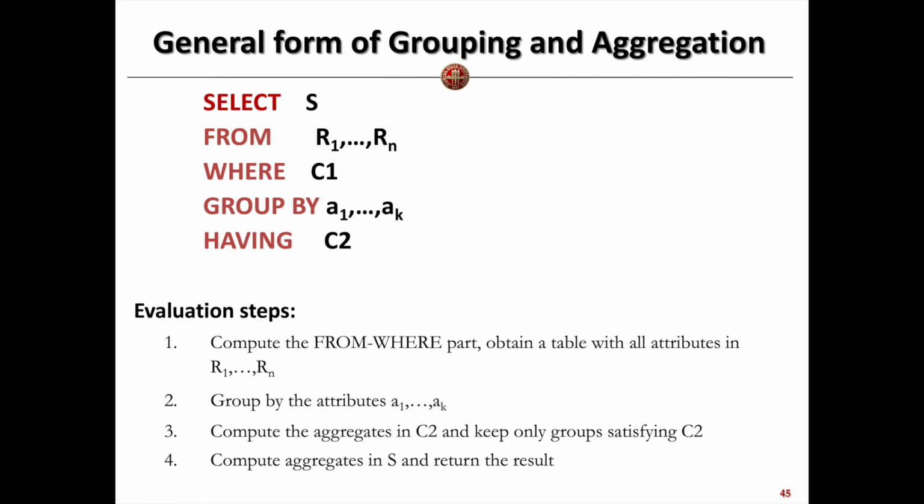You see the difference, right, between C1 and C2. And finally, we will calculate the aggregates in the SELECT clause and return the results. So you see, C1 is used in step 1. We do the pre-pruning of tuples before we group. C2 is used after we do the grouping. C1 prunes the data tuples, however C2 prunes these groups. So they are very different.